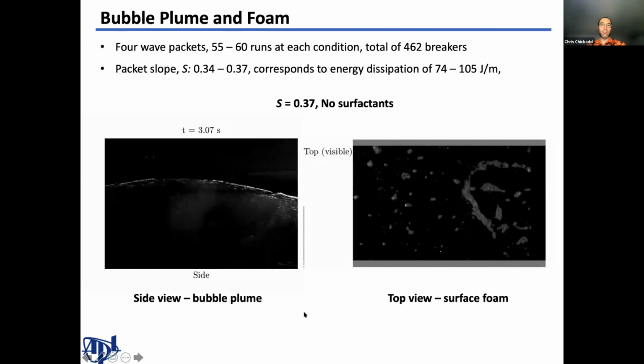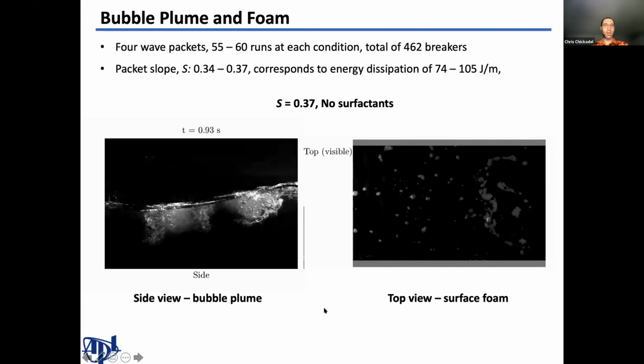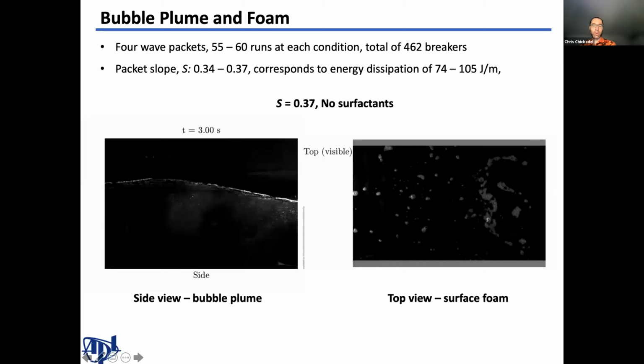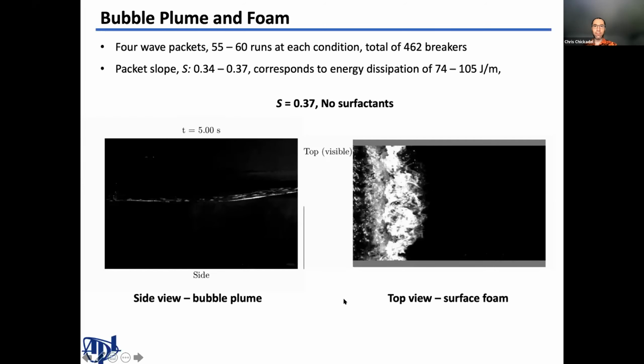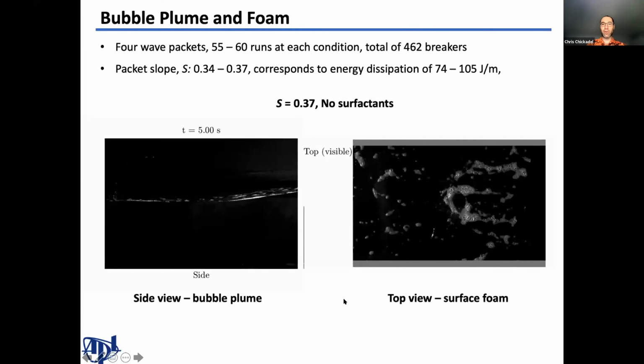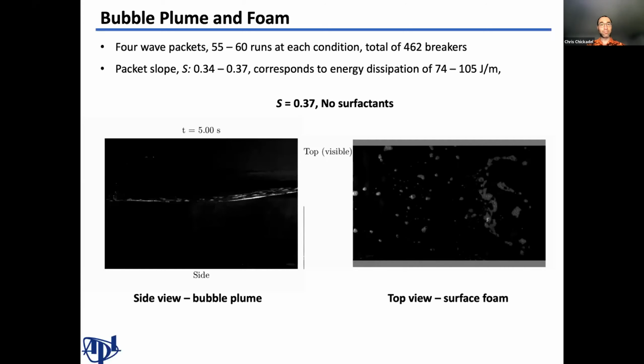So first, we're going to look at the visible imagery. On the left is the side view image of the bubble plume as a wave is breaking. The top image is shown on the right. Breaking wave, you've all seen lots of breaking waves, so I'm really not going to talk about that much. We tested 4 different wave packets and many runs each, totaling over 450 breakers observed.